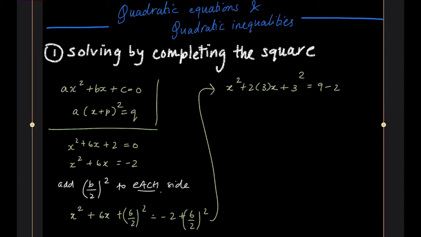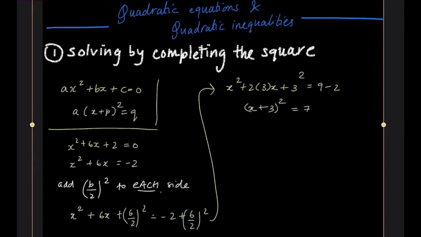And so now we can recognize the left-hand side as a perfect square. So what we can now write this down as is (x plus 3) squared is equal to 7.